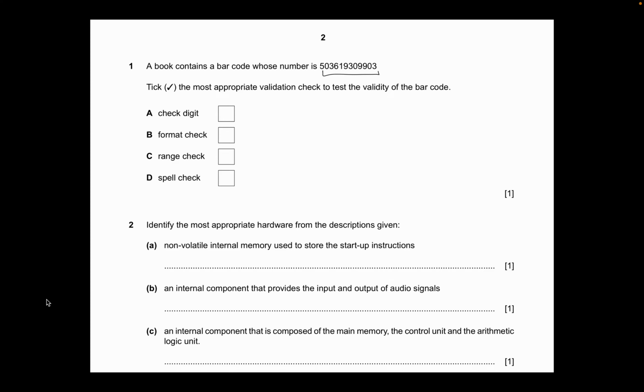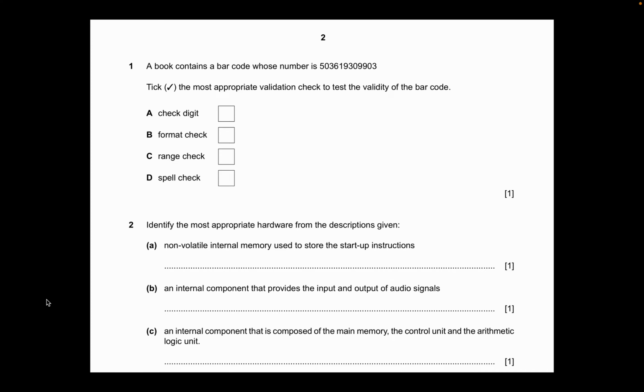If you use a spell check, you're just mainly looking at the number of words or the number of letters that there are. If you use a range check, you're not going to be using a range check here. Format check, there's nothing to format since it is a numerical value. You're going to be using a check digit to make sure that all these numbers are there in that value.